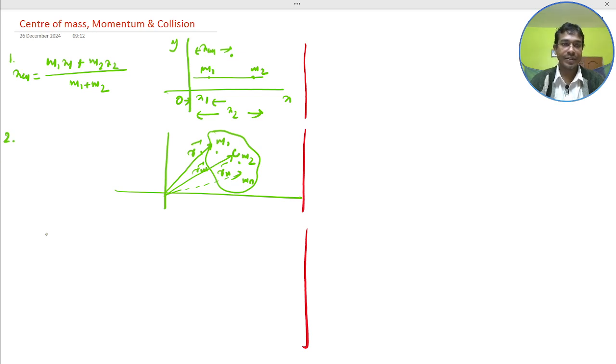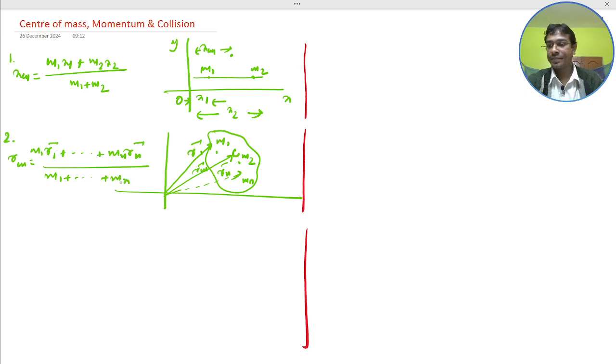So the center of mass rcm is equal to (m1 r1 vector plus ... plus mn rn vector) divided by (m1 plus ... mn). It can be written in the form 1 by M, the total mass, sum over i from 1 to n of mi ri.